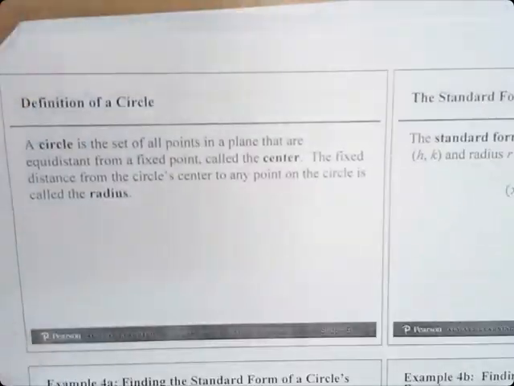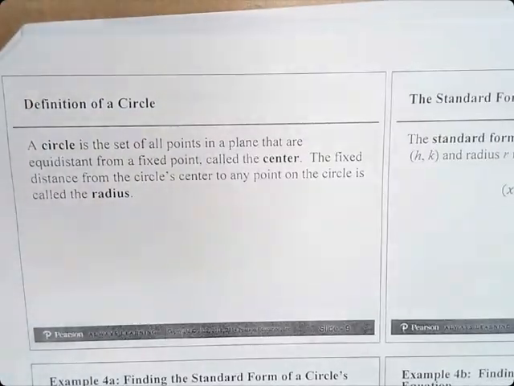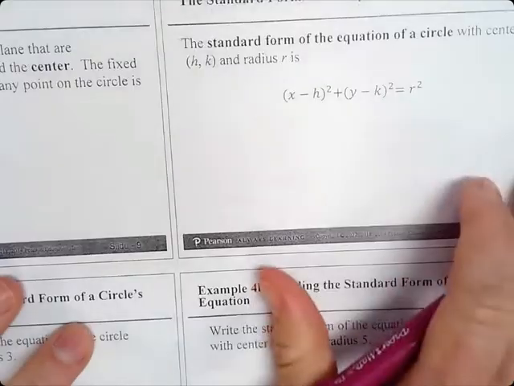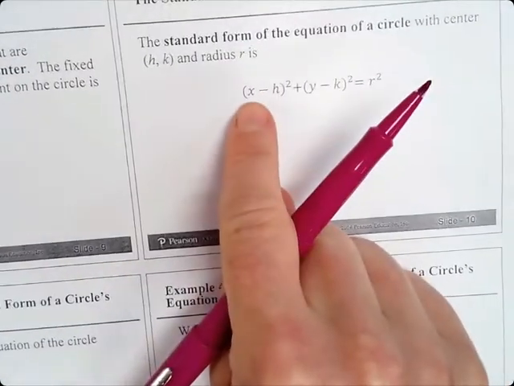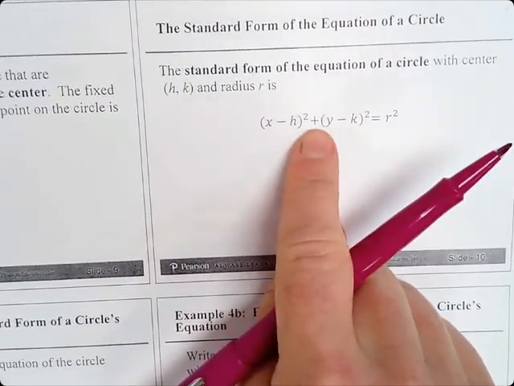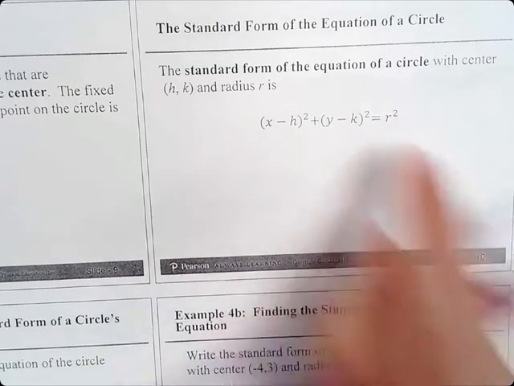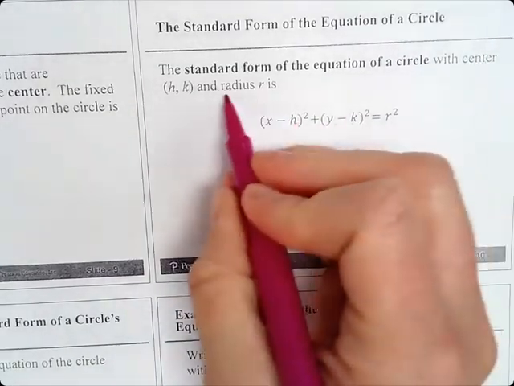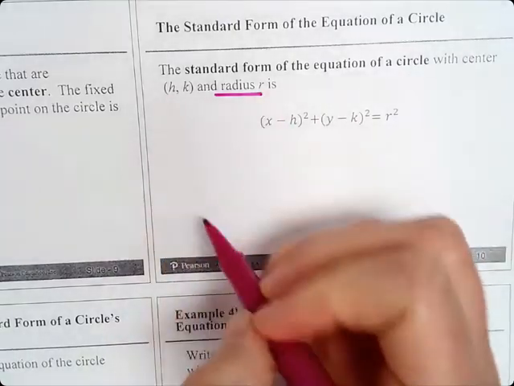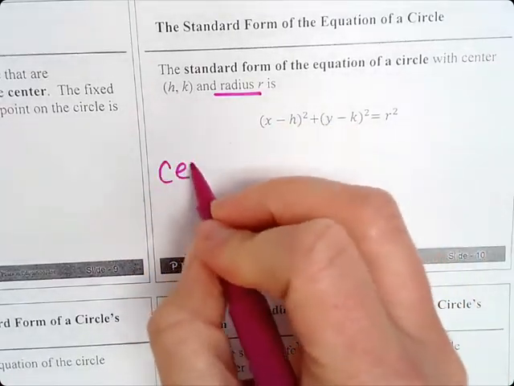Okay, we can graph circles in our coordinate grid. The standard form for a circle is (x minus h) squared plus (y minus k) squared equals r squared, where you have r as your radius and your center is (h, k).